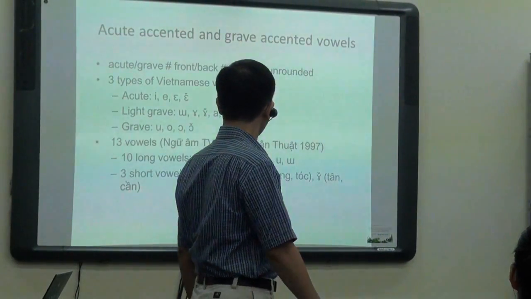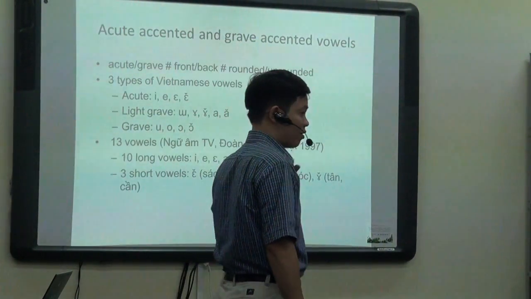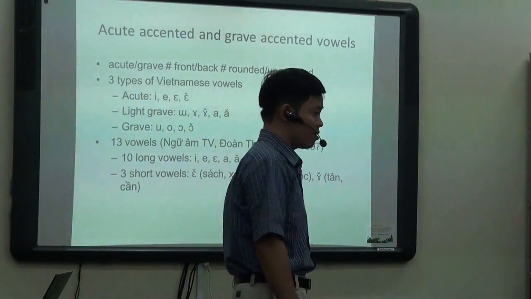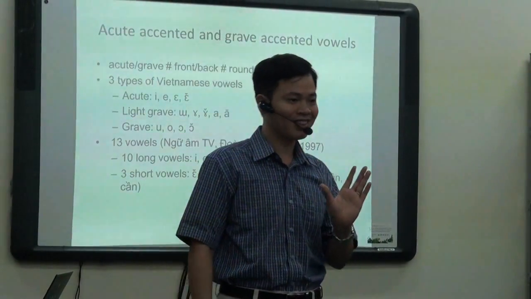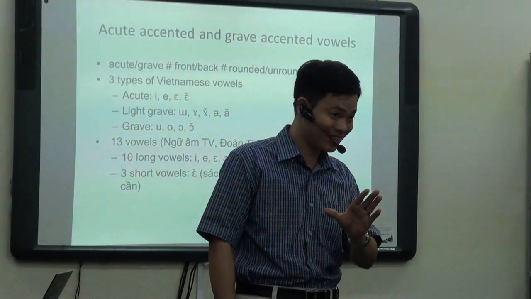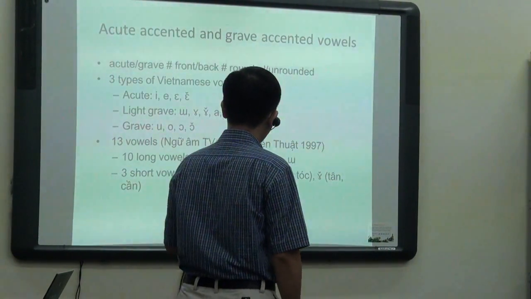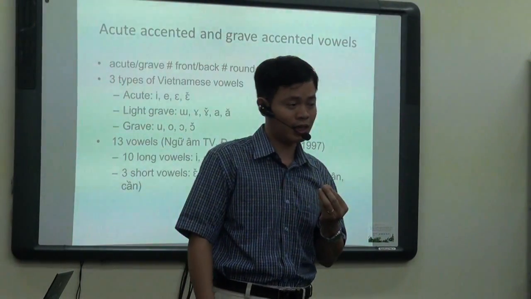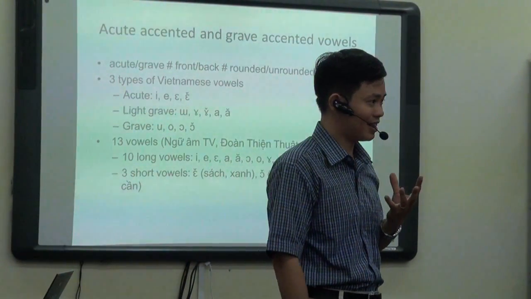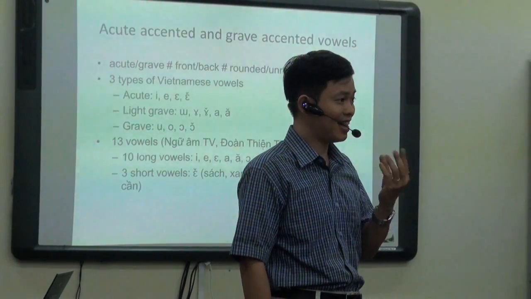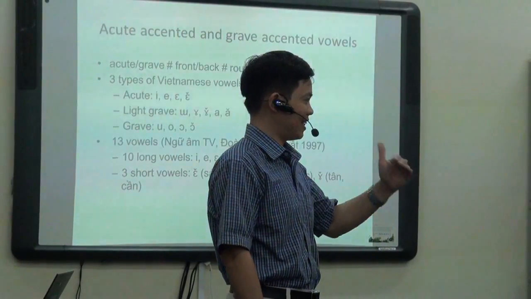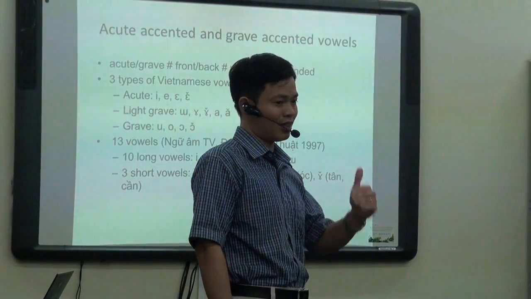So we have acute vowels and grave vowels in Vietnamese. We have front and back vowels, just like in English, right? And we also have rounded and unrounded vowels. Like O is rounded, while A is unrounded. It's not like open, close, and mixed.